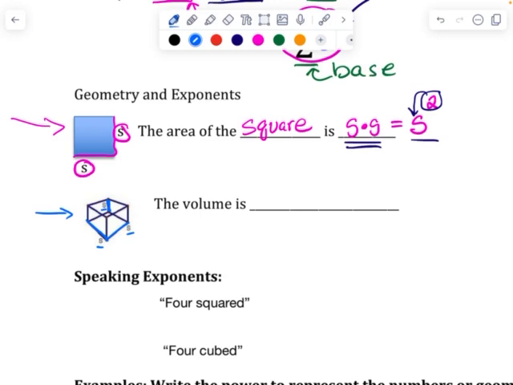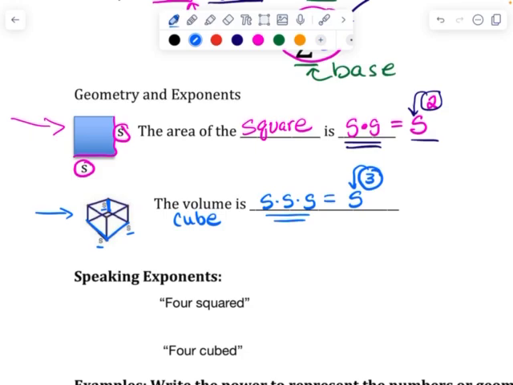So the volume is side times side times side, which is S to the 3rd power, or S cubed. Again, this exponent tells me how many times I multiply the base. And the expanded form is S times S times S.